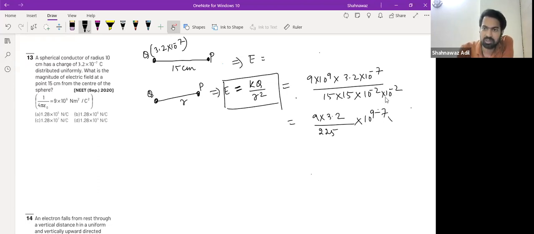The 10 to the power minus 2 squared goes upstairs and becomes 10 to the power plus 4. So 9 minus 7 plus 4 gives 10 to the power 6.